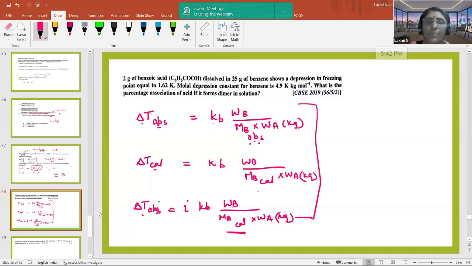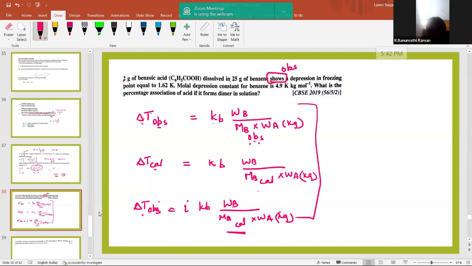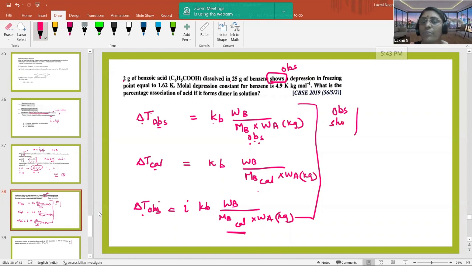If you have such a problem, 2 grams of benzoic acid is dissolved in 25 grams of benzene, which shows a certain value, so this is observed. There are many terms: shown, observed, experimental, these are similar terms. Calculated, theoretical, these are all similar terms. So you first demarcate observed, shown value.